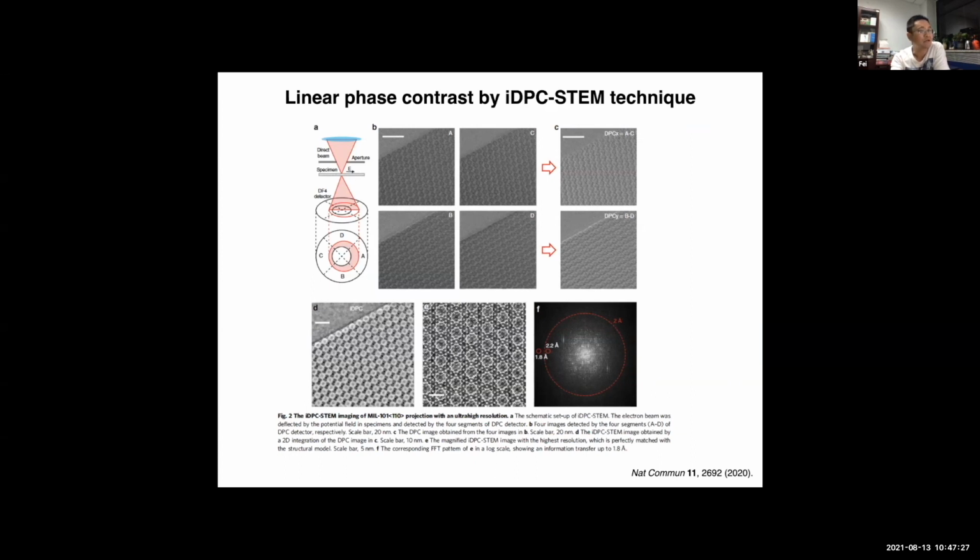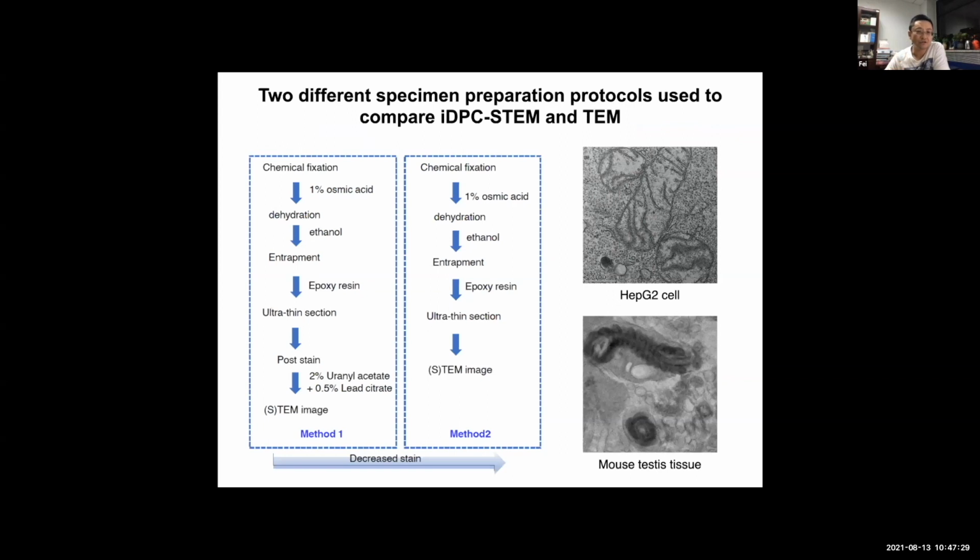So in our study, we want to investigate whether we can also see some advantages of using iDPC STEM for biological section imaging. We prepared two kinds of biological samples using two different methods.